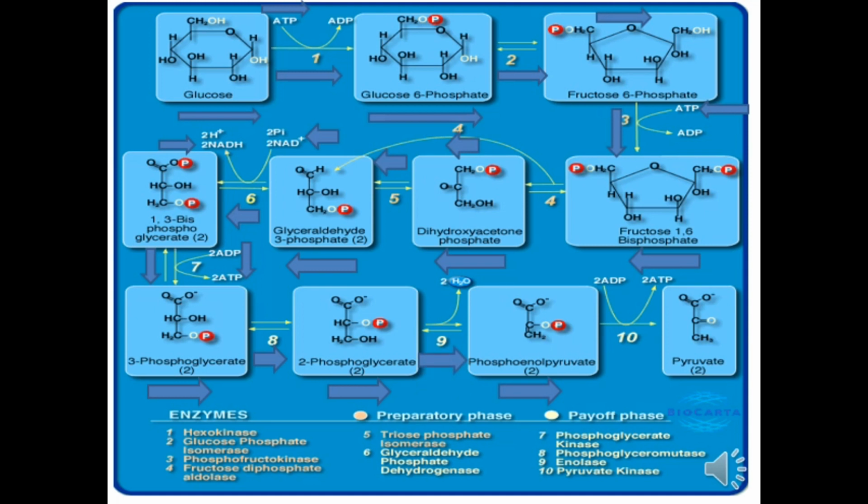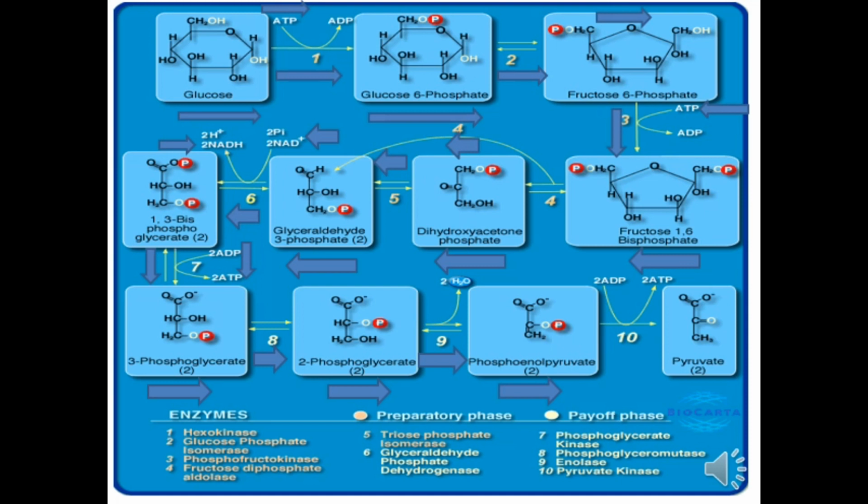Enolase deals with water. It removes a hydroxyl group from carbon 3 and a hydrogen atom from carbon 2 in the form of water. When water is removed, there is a double bond between carbon 2 and carbon 3.